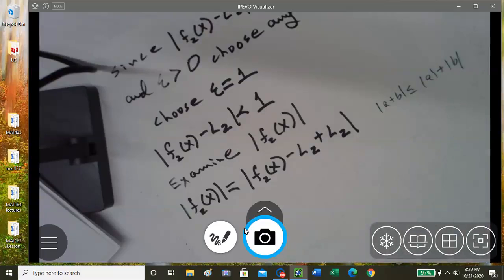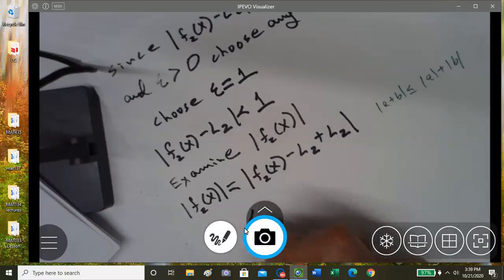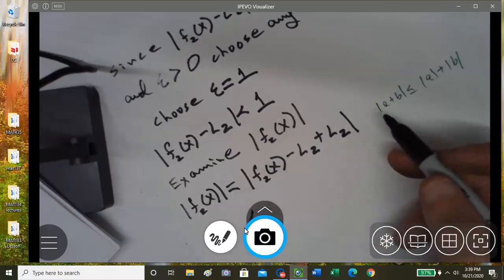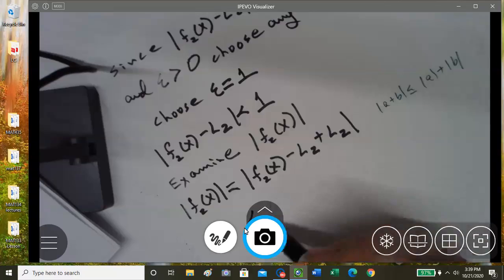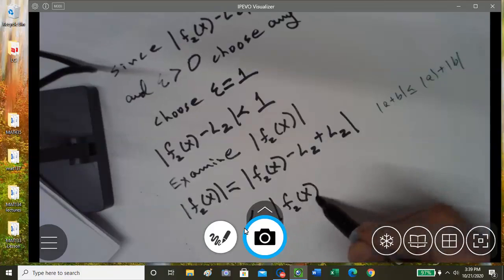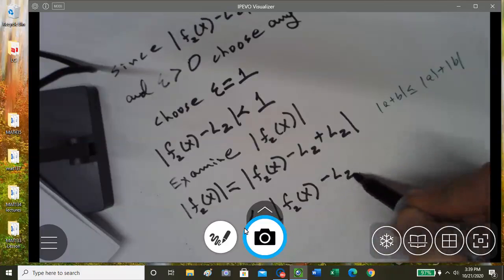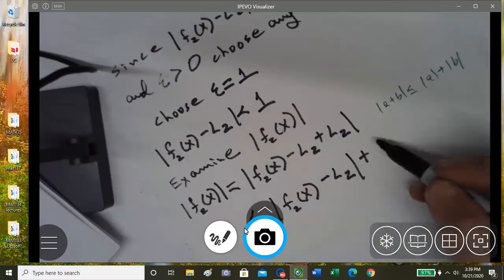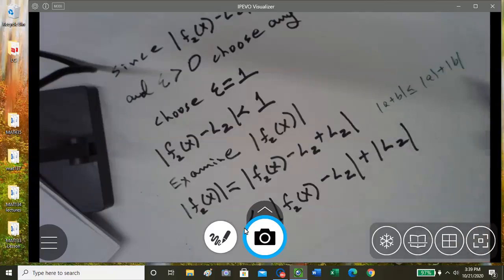So this is less than or equal to the absolute value of f2(x) minus L2 plus the absolute value of L2.